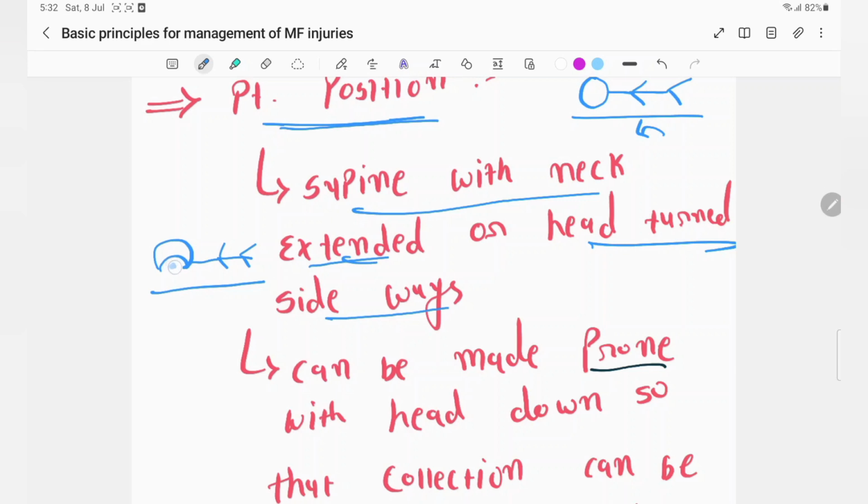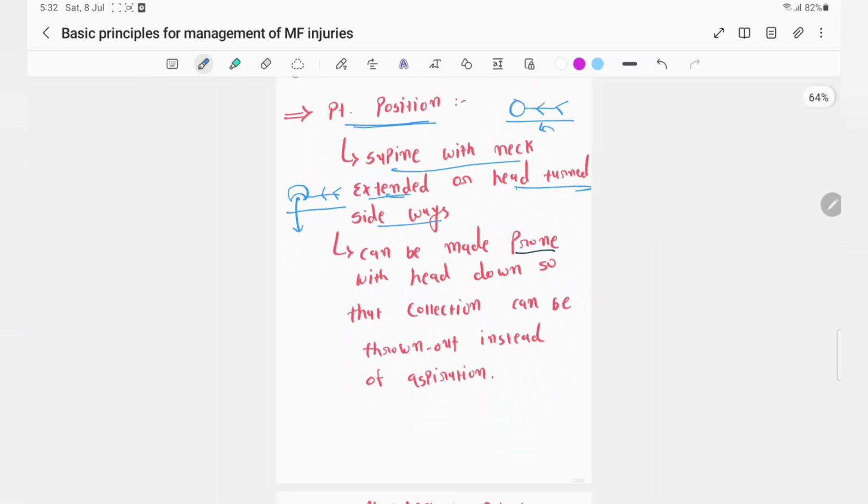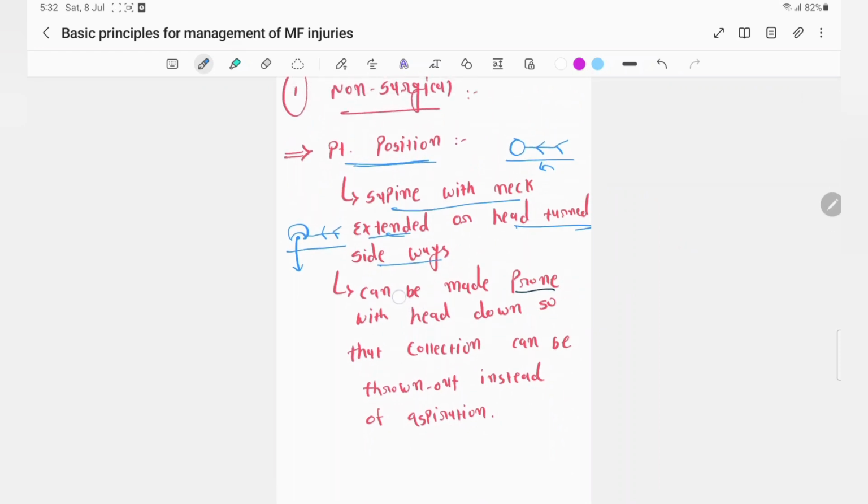So whatever is there in the oral cavity will come out from the side. Or we can give the patient a prone position with head down. So whatever collection is there can be thrown out instead of aspiration.